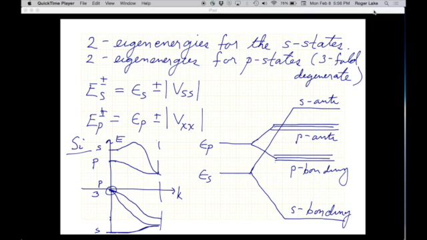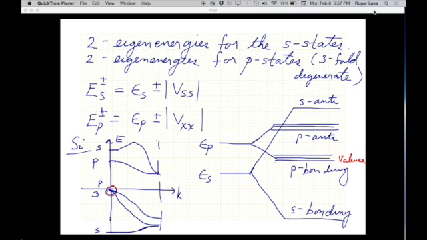So for a direct gap, it just depends on the matrix elements. For a direct gap material, you would generally have a situation where the conduction band edge is made out of the s orbitals. So for a direct gap material, this is your valence band edge here, these 3 guys.